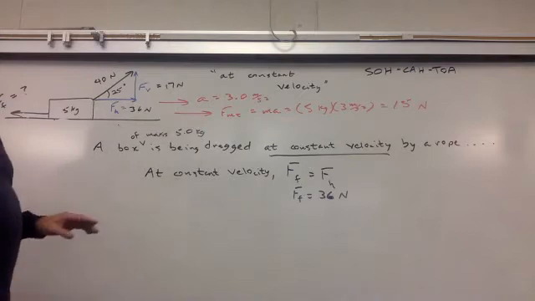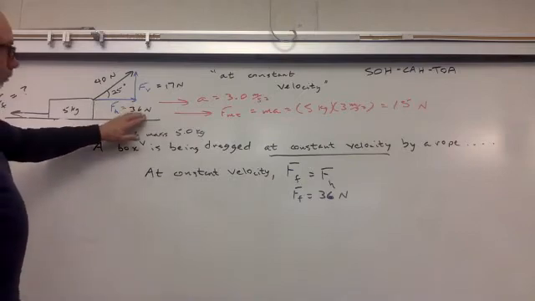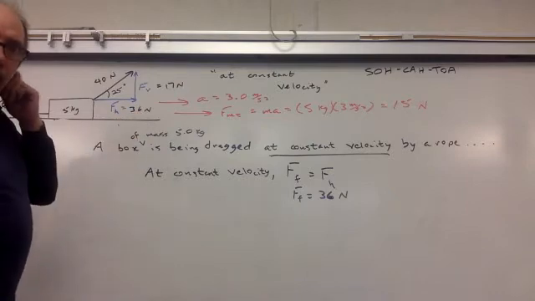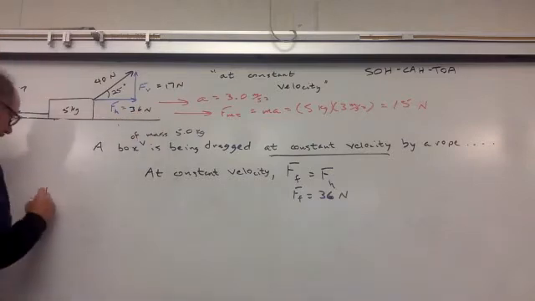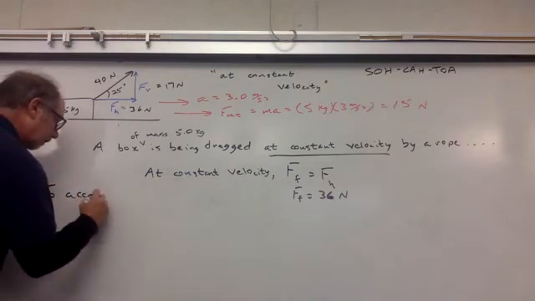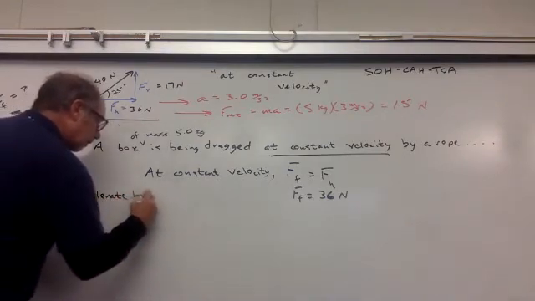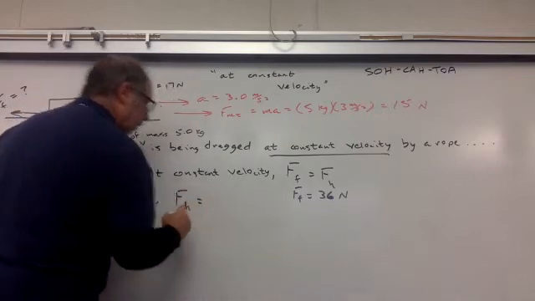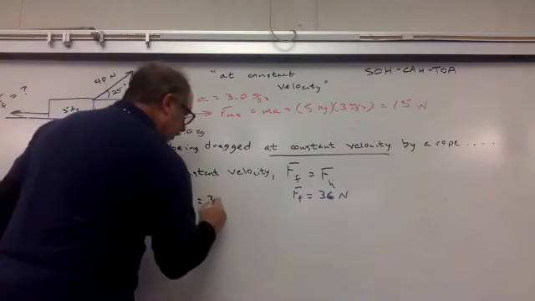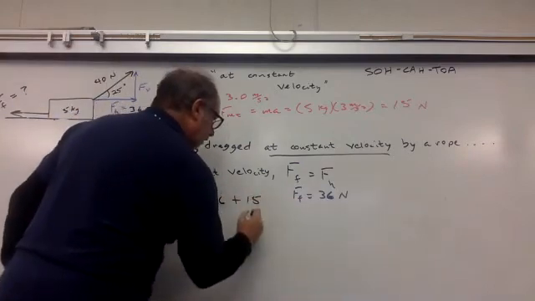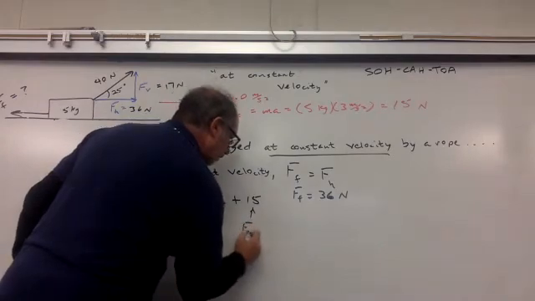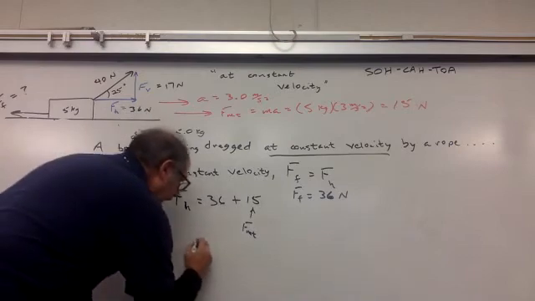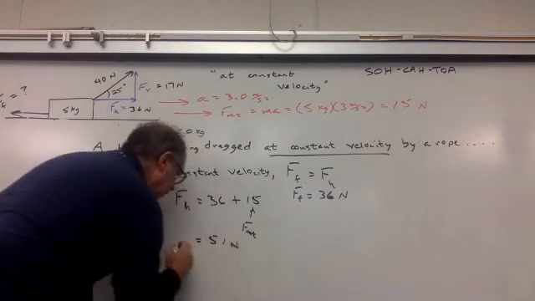And so then I would need more than 36 newtons. How much more? To accelerate it, force horizontal equals 36 newtons plus the net force, F net. So then force horizontal has to be 51 newtons.